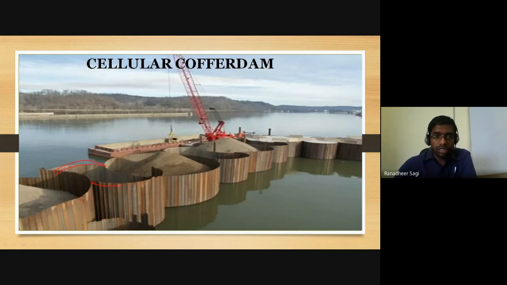These cells structurally connect one circular cross-sectional cofferdam to the other circular cross-sectional cofferdam. So those individual circular cross-sectional cofferdams are connected by means of the cells, which we call either diaphragm cells or circular cells.